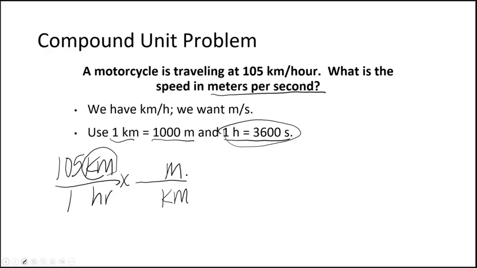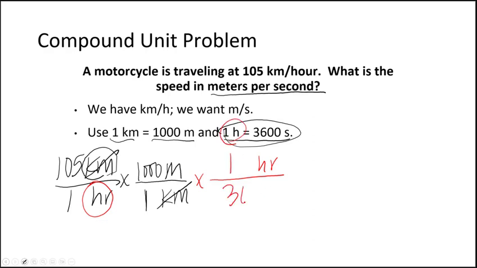So kilometers, meters, and it tells me that 1 kilometer is 1,000 meters. So that gets rid of that. And then the second one I'm going to do, again, I got to get rid of hours, so I got to have hours on top. And it tells me that 1 hour is 3,600 seconds.